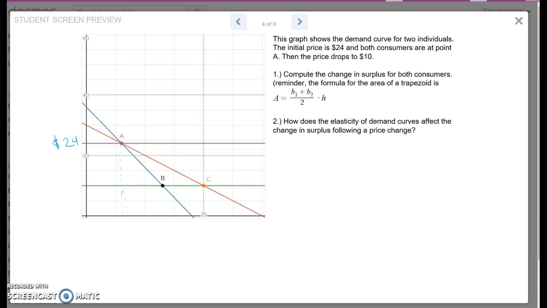For the blue consumer, their original surplus was everything below the blue demand curve but above the price. So this triangle was consumer surplus 1. And consumer 2, who had the red demand curve, their consumer surplus was originally this red triangle.